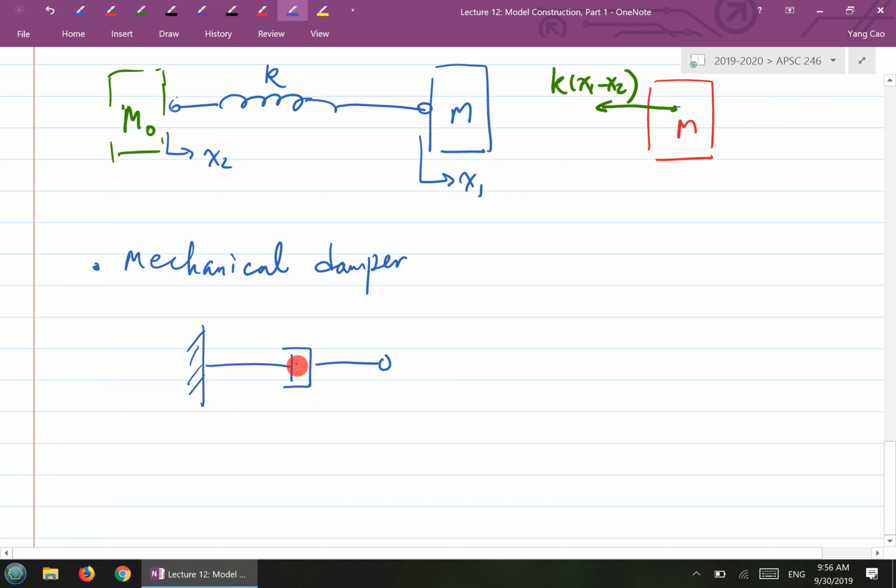You have one shorter arrow, and then you have a barrel-like shape surrounding this shorter arrow. Essentially, it's like a piston that can move inside a cylinder, and this is called a mechanical damper. We use a small b to represent this damper. This b here is called the damping constant, or damping coefficient.